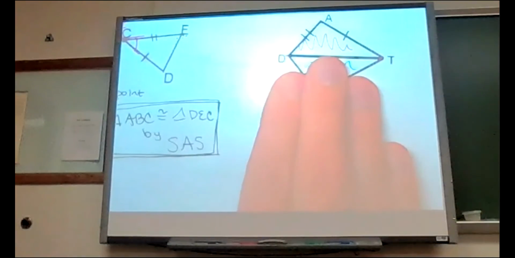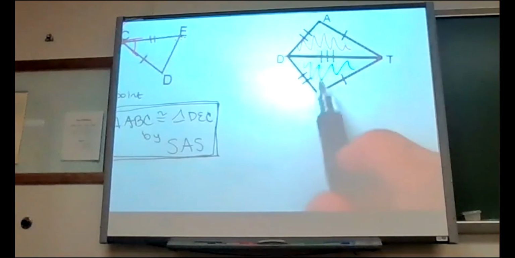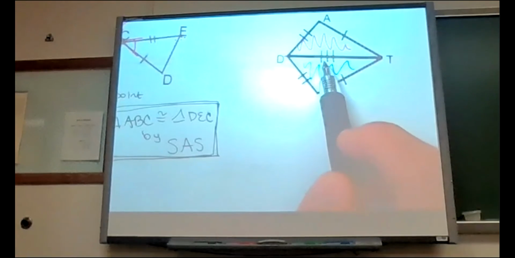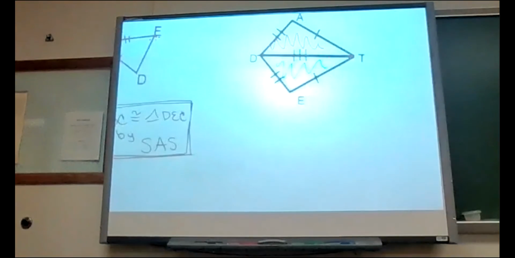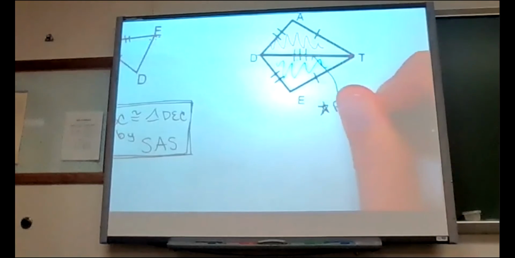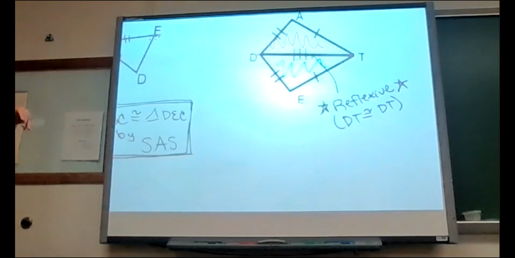Over here, it's the same DT. So they share this side, which means that in the blue triangle, that length is congruent to that length in the pink triangle. This is the reflexive property, where we say something is equal to itself. We used it, I think in unit 2, but in a little bit different way. This unit, we use it all the time. So in my proof, I would say reflexive property, that DT is congruent to itself, the same DT in the pink triangle as in the blue triangle.